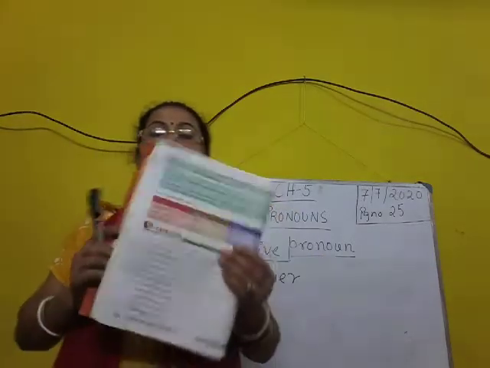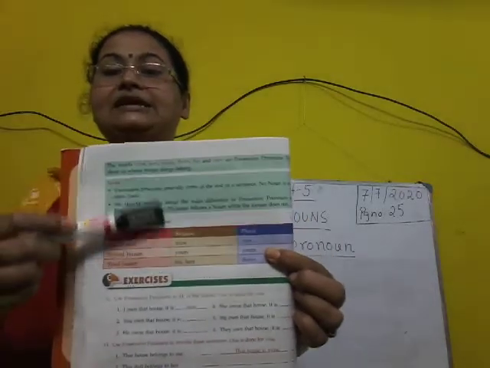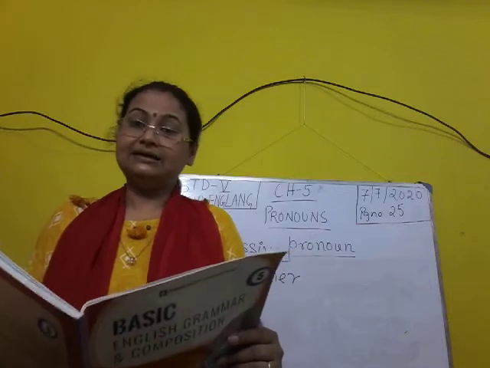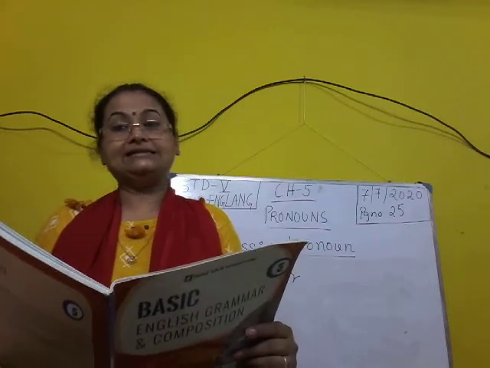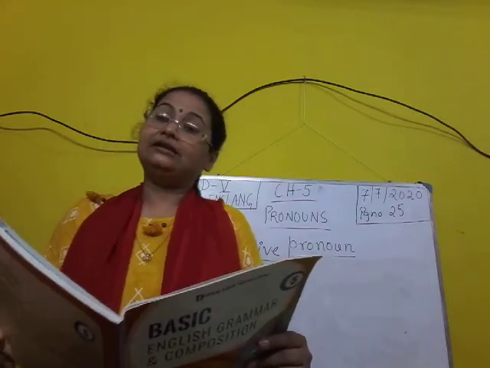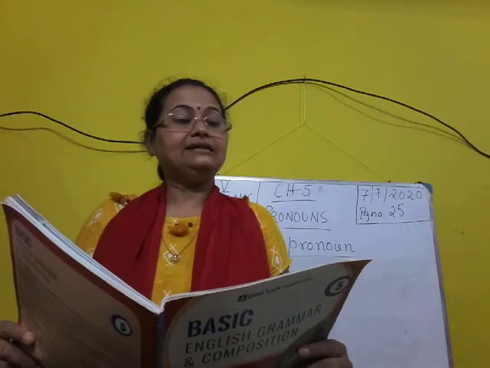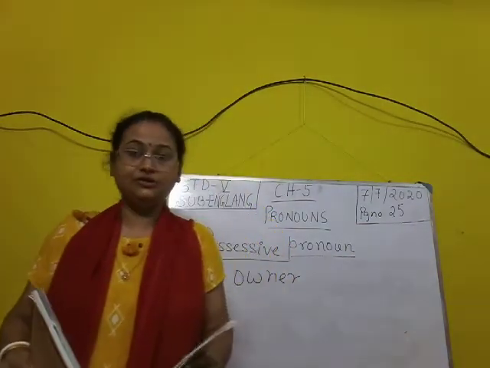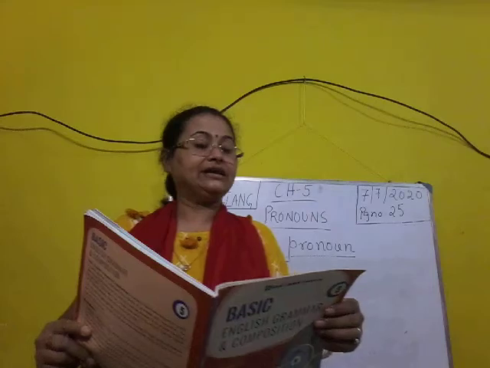Yes, this is page number 26, isn't it? See, few things that you have to remember. I'll read for you. See the words like, as I have told you, mine, hers, yours, his, theirs, ours, all these are possessive pronouns, and they show to whom certain things belong, as I have explained to you. So you will read this, then you can keep this in mind.